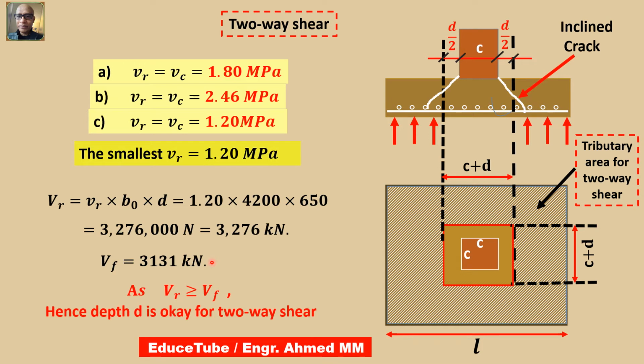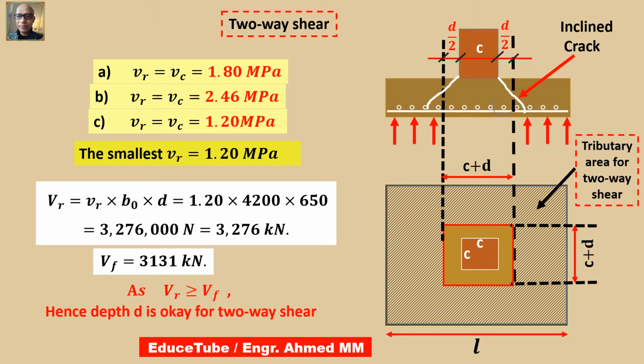VF, applied shear force at section due to factored load, we got 3131. Now VR, factored shear resistance of a section, we got 3276.